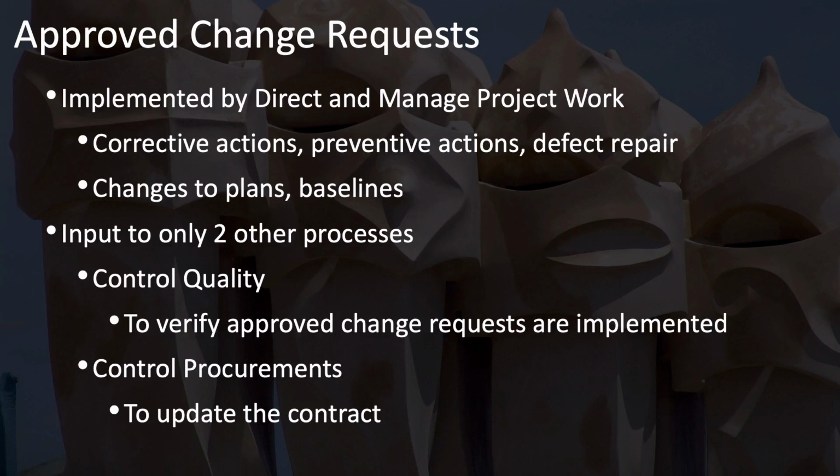The approved change requests are an input to only two other processes: control quality, which has the responsibility to verify that the approved change requests have been properly implemented by the direct and manage project work process. And the other is control procurements, because these changes can change the contract, which may need to be updated.